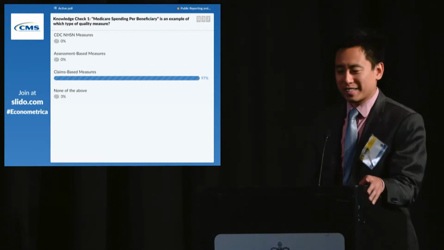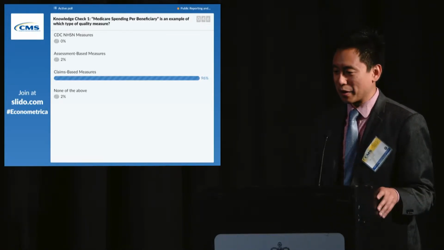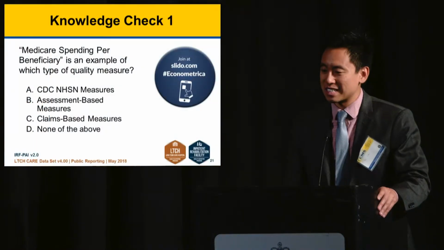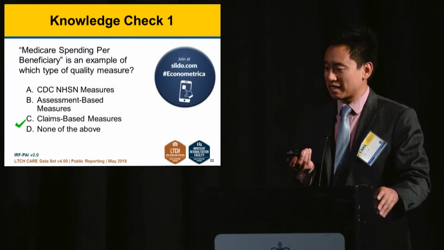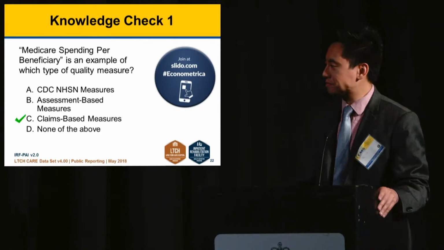So looks like very close to unanimous, but it is C, claims-based measures.